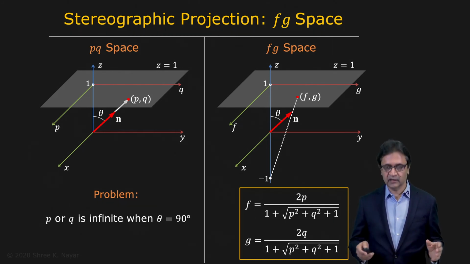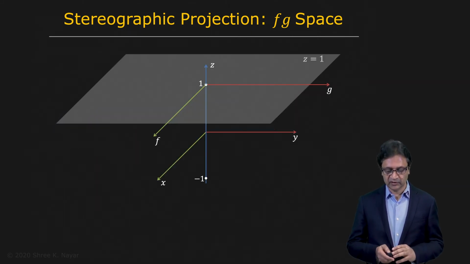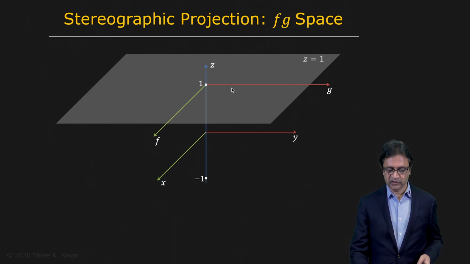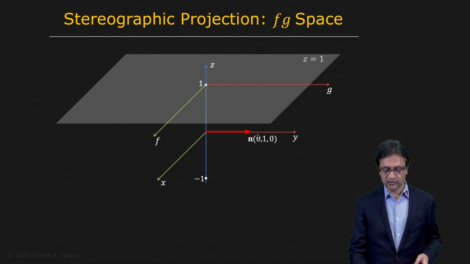Now let's take a look at the advantage of using the FG space. So here is your stereographic projection space, FG right here. And let's consider this unit normal right here, which is aligned with the y-axis. So that's 0, 1, 0. And the FG value corresponding to that is going to be 0, 2.